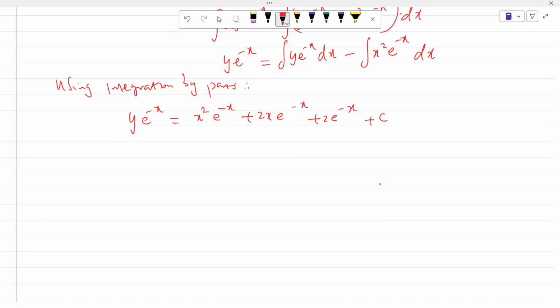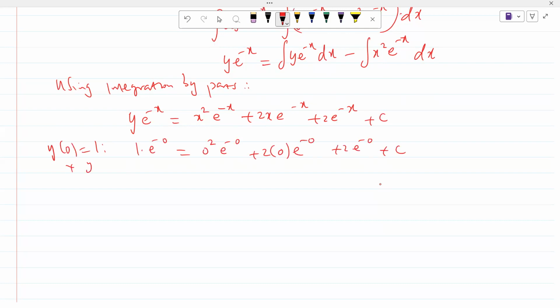Now you're saying y0 is 1, so you can substitute everything: y is 1, x is 0, and x squared is 0, e to the minus 0, plus c.